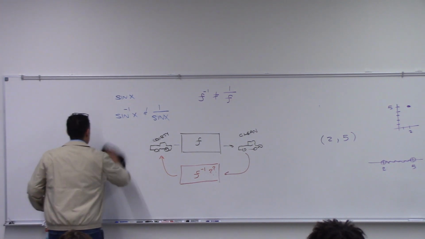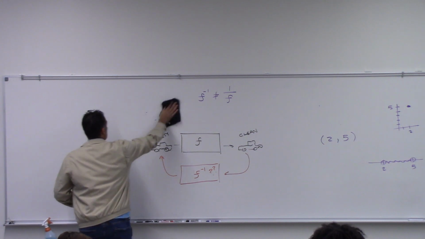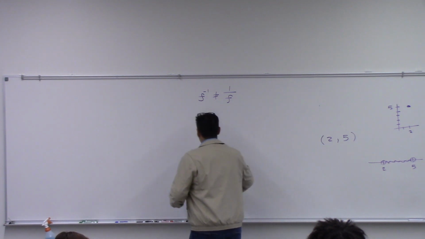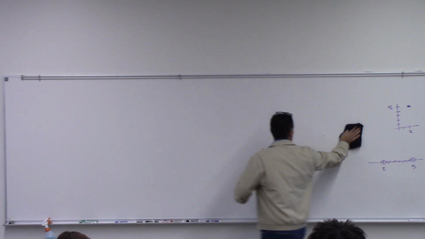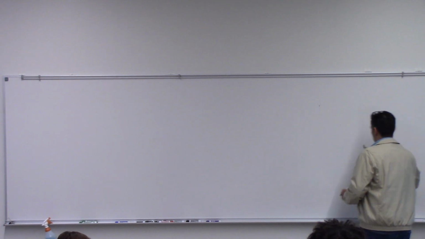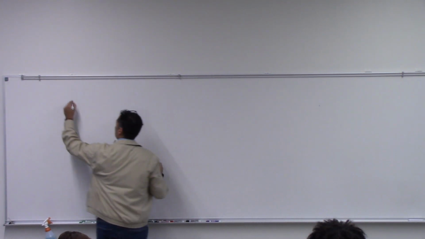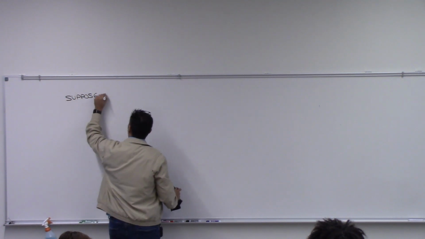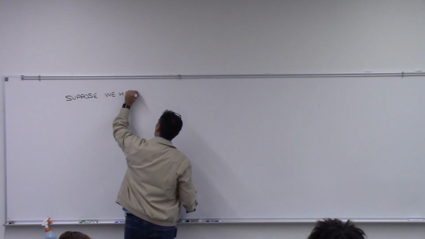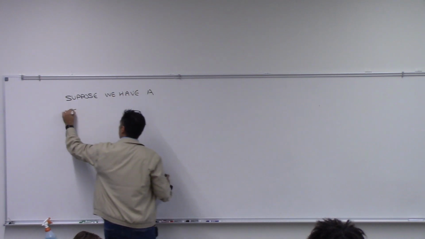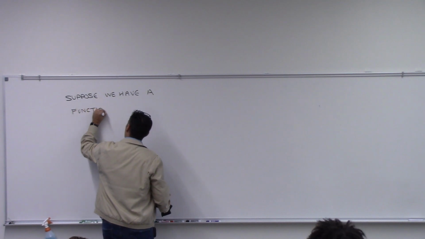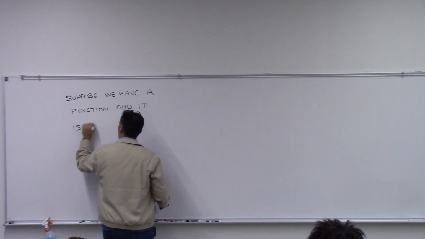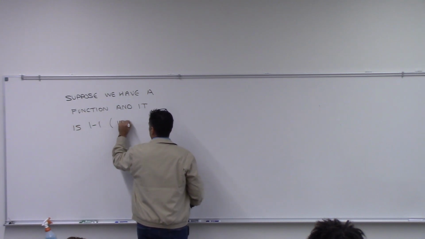So let's say we have a function and it does have an inverse, all right? So I'm going to put here, suppose we have a function and it is 1 to 1, which means it has an inverse.